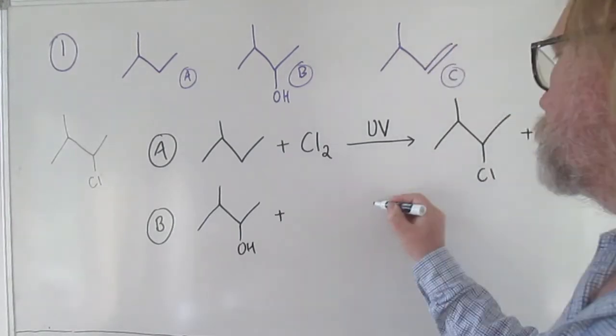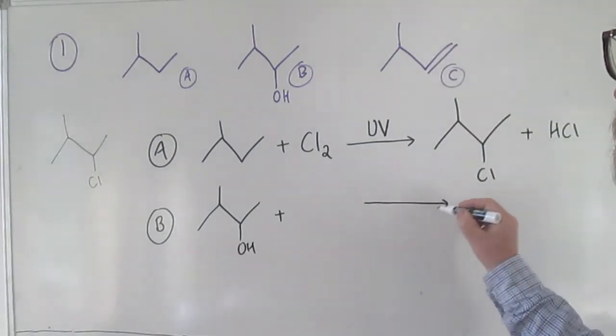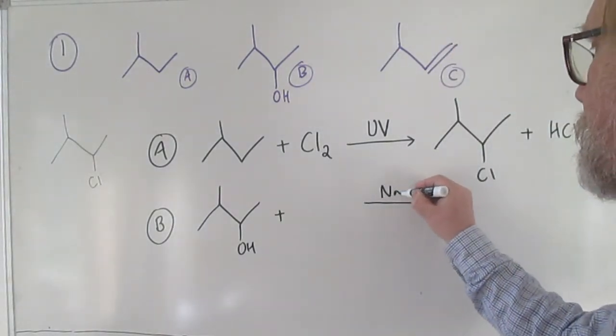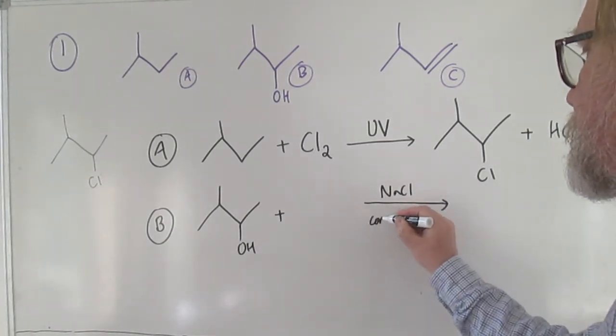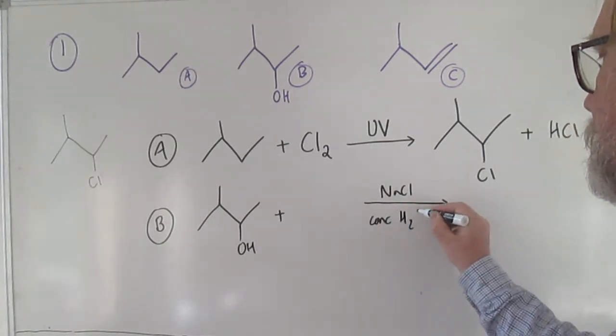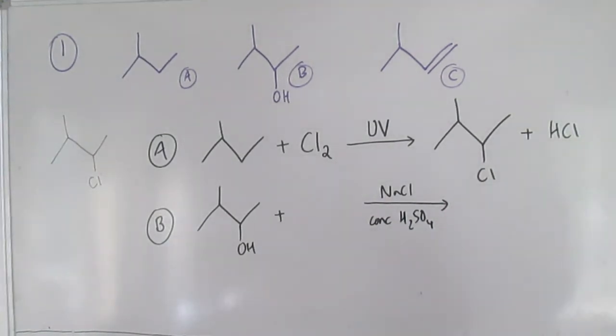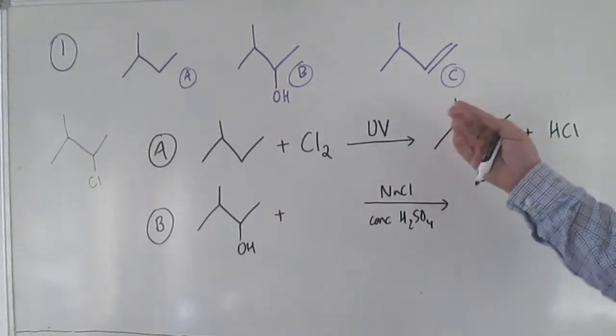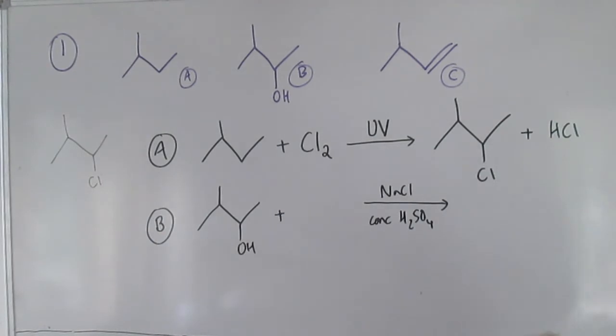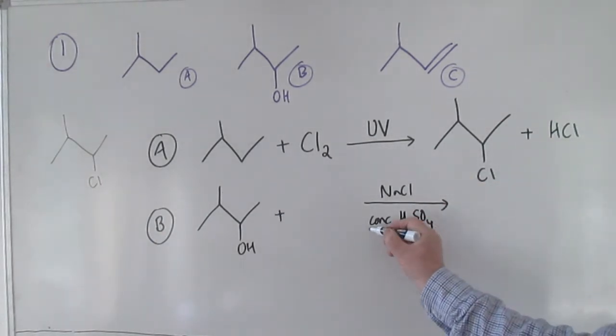What you react it with is a mixture of sodium chloride and concentrated sulfuric acid. You have to learn this: that standard way of turning alcohols into haloalkanes requires the sodium halide, chloride or bromide depending what you're trying to make, mixed with concentrated sulfuric acid.